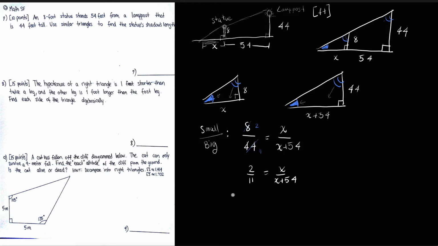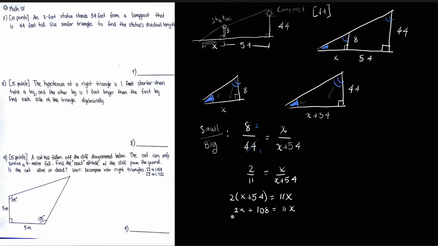And I do the math here, cross multiply each of them, right? 54 times 11x... I'm going to distribute, so it's going to be 2x plus 54 times 2. Either you use your calculator or do it on the side. It's going to be 108 equals 11x.